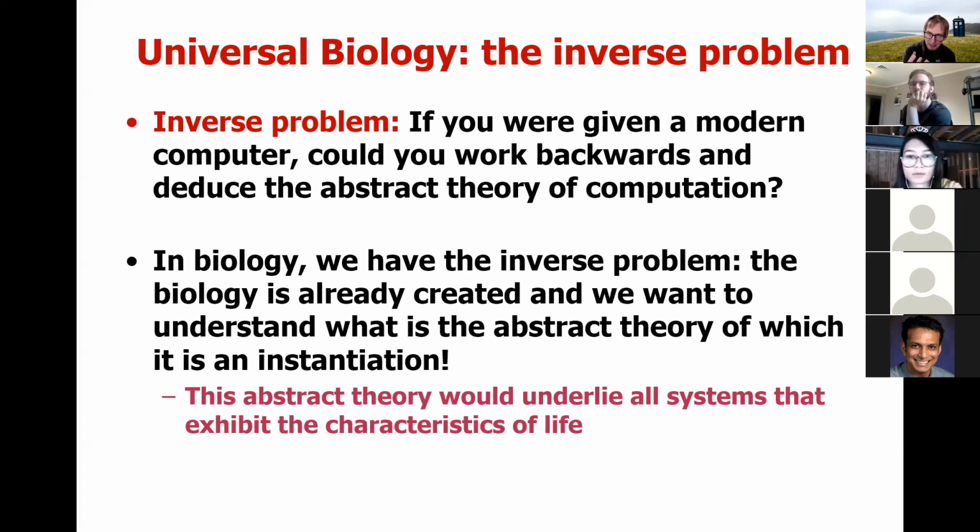And so what we'd like to be able to do is say, can you do the inverse problem? Can one figure out what that abstract theory would look like based on what we have access to, which are only instantiations of it? It would be like saying, if I give you a whole bunch of materials from some solid state physics lab, and I just look at them, and some of them may be yttrium barium copper oxide.